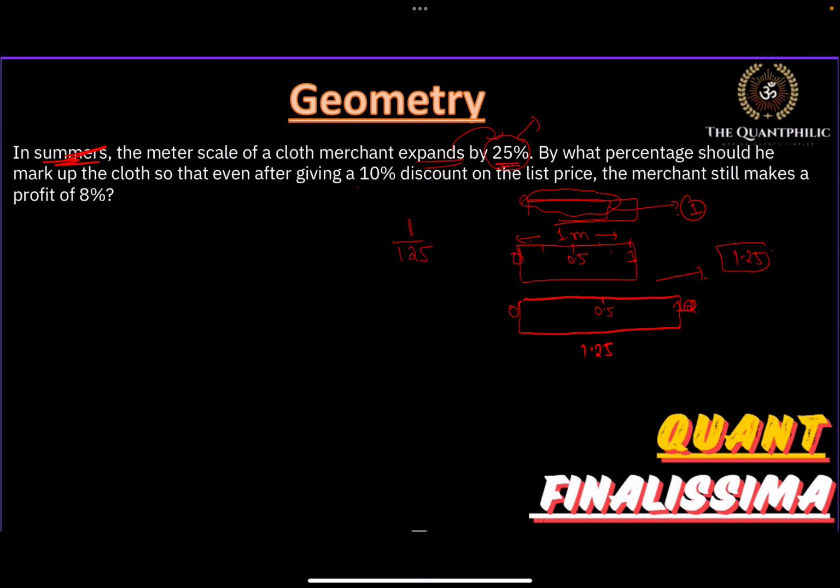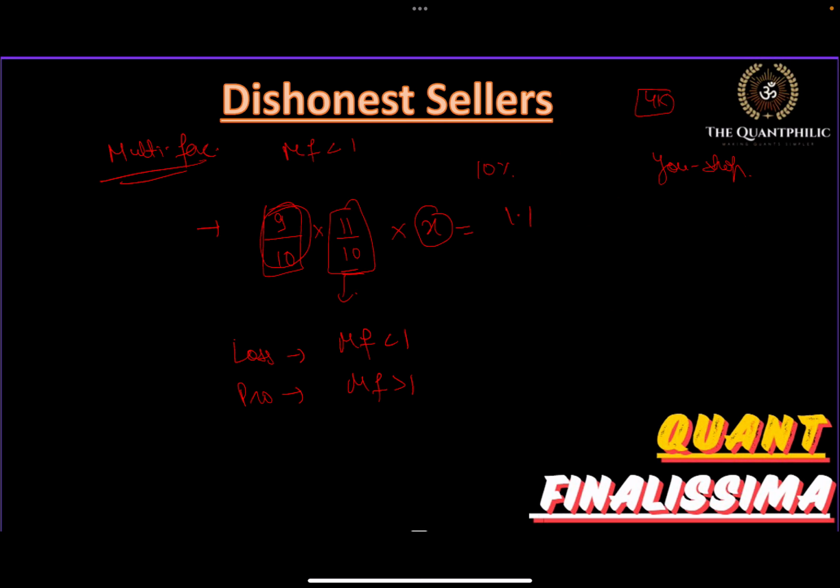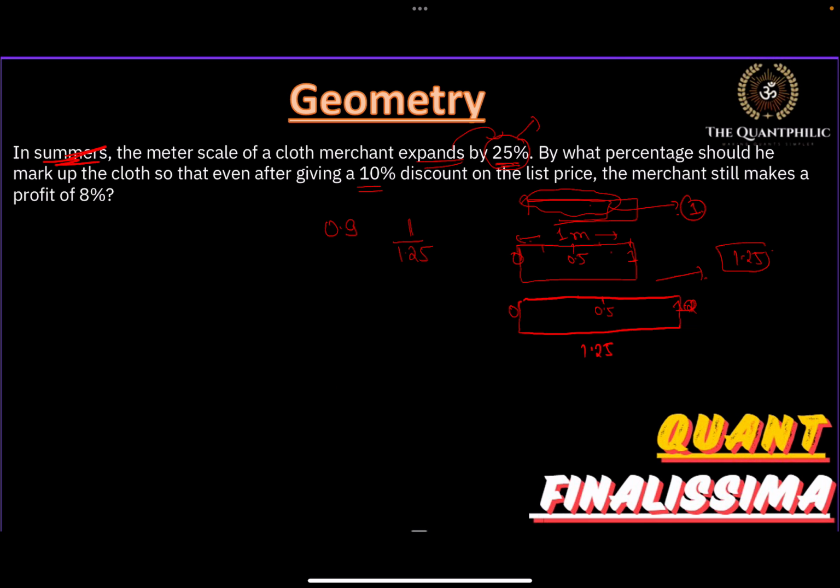Further, the 10% discount is also a loss for him. As I told you in the previous slide, 10% discount is 9 by 10, so 0.9. So in multiplying factor terms it is 9 by 10 into 1 by 1.25. He takes the price of 1 but gives extra cloth, so the multiplying factor is less than 1, and less than 1 for the discount as well.